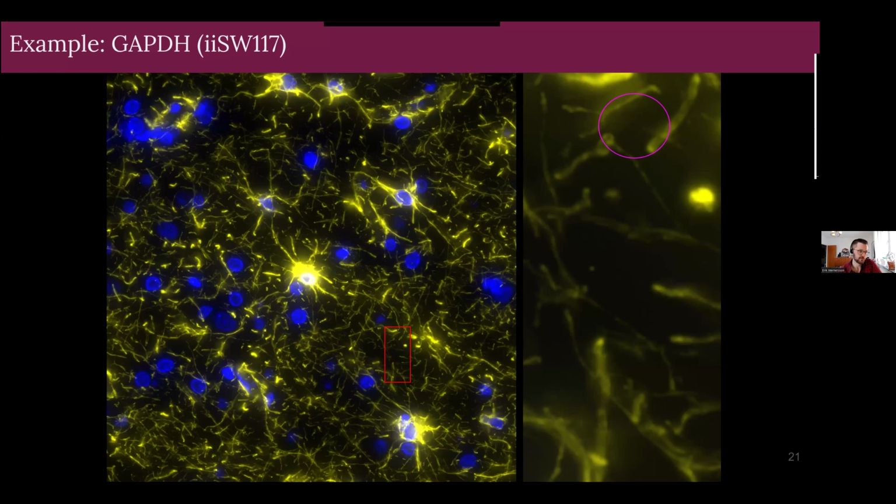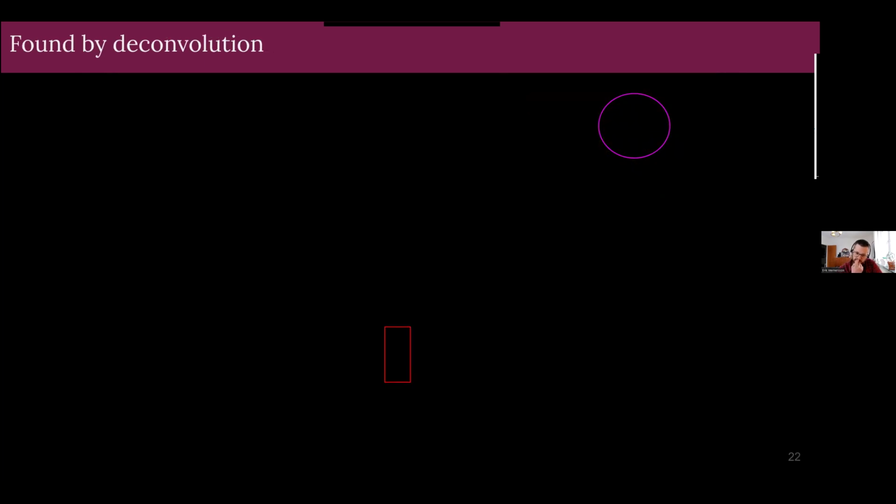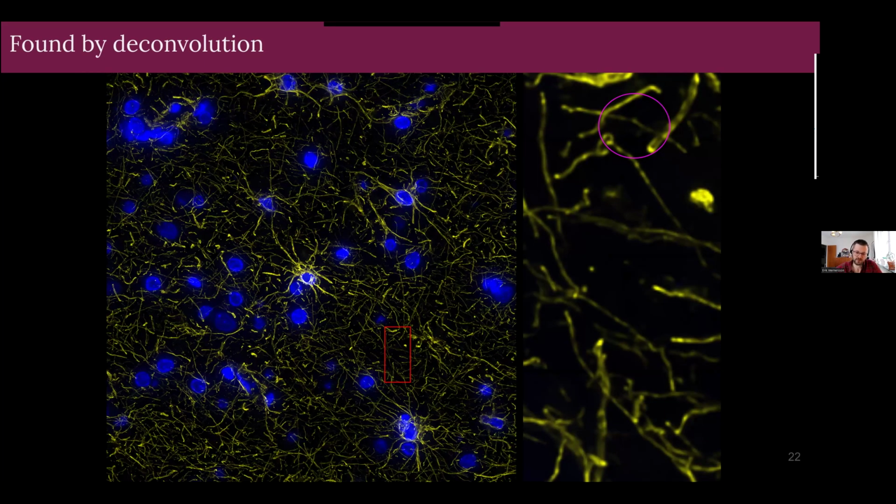Here's another example, which I like quite a lot. I won't tell you exactly what it is, but I've highlighted a region here, and to the right you see the result. This is wide field. If you look in this region with the circle, you see it's quite dark. If we deconvolve it, all of a sudden the missing structures appear. In this case, it looks very nice.